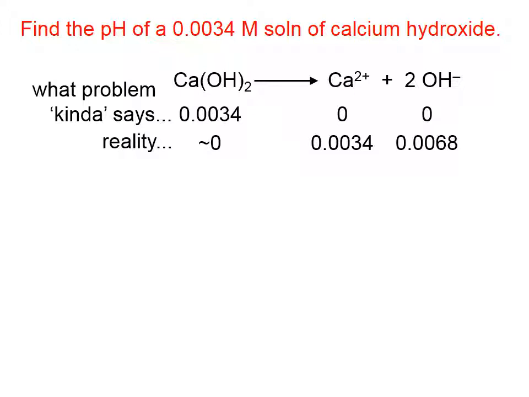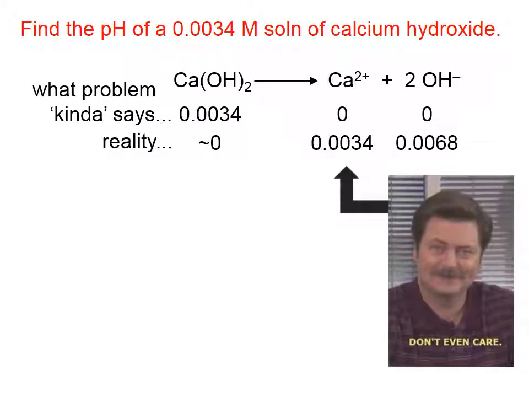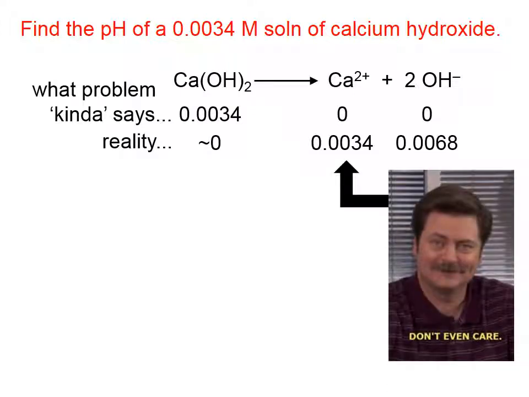And that's because of the coefficient in our equation. 1 calcium hydroxide produces 1 calcium ion and 2 hydroxides. So be very careful. The hydroxide concentration here is not 0.0034 but rather 0.0068.